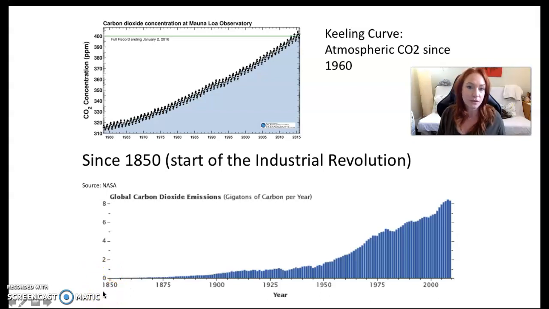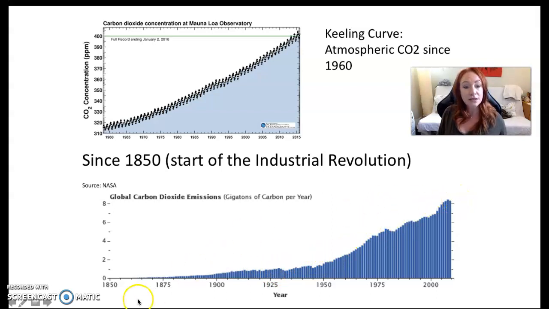You should know that from your history classes. That's when we started burning a lot of fossil fuels and dumping that carbon dioxide into the air with our factories and our engines. And since then, the level of carbon dioxide in the atmosphere has increased, again, exponentially, until this is where we are today.